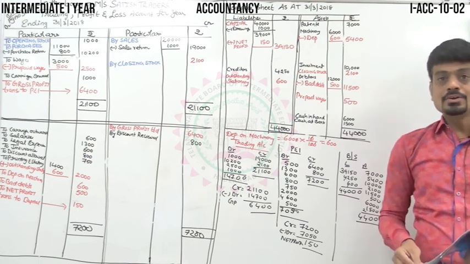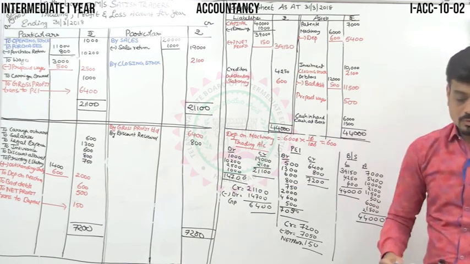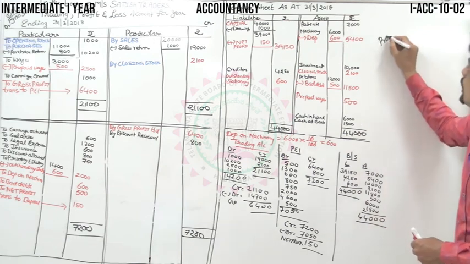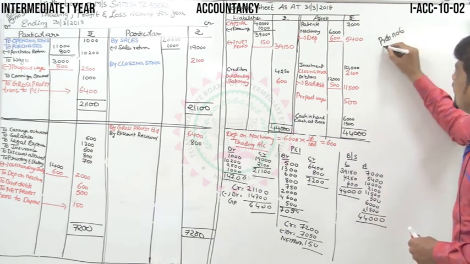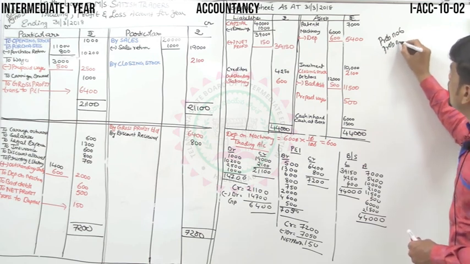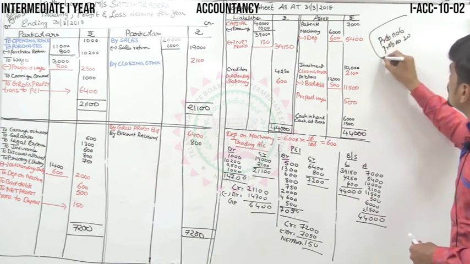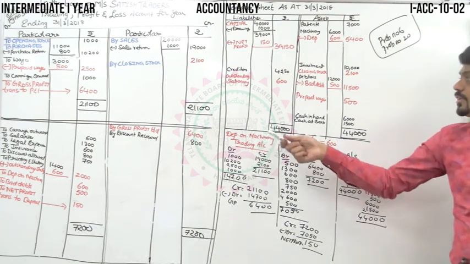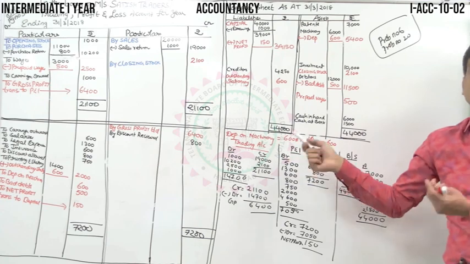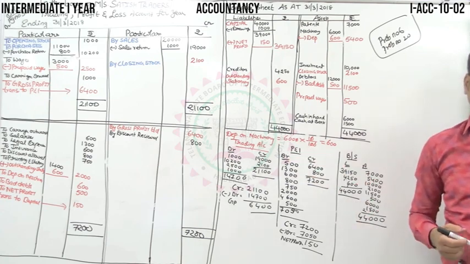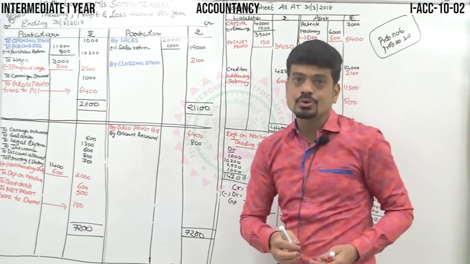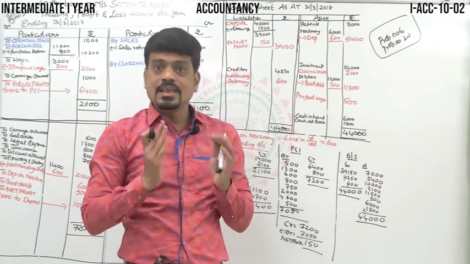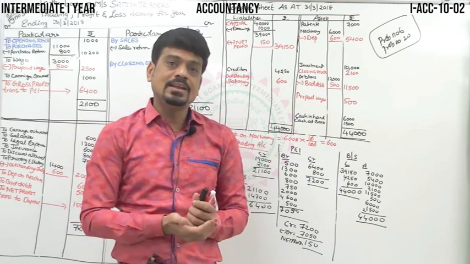Problem number 20 also you can work out. So I'm writing here so that it will be easy for you: problem number 6 and problem number 20. These two you can practice, dear students. Today, after having this session, you can practice as your homework. In the next session, I'll teach you one more problem, again with the same focus, how to do the final accounts.